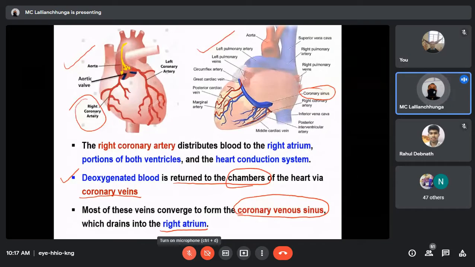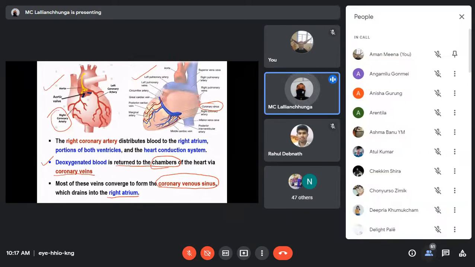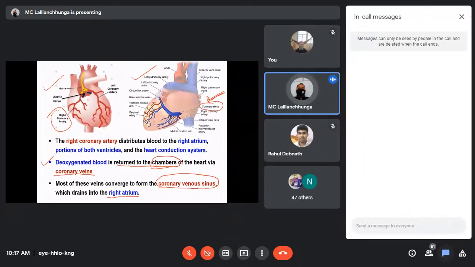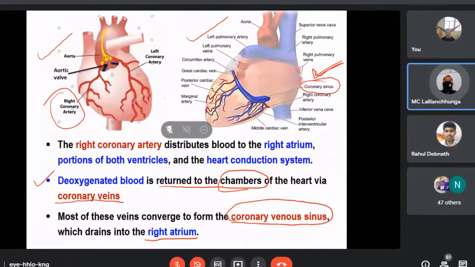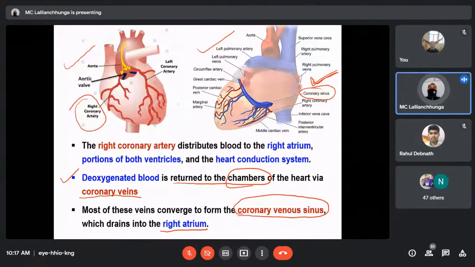A number of venules form the small veins, and small veins converge and form larger veins. Ultimately, in the coronary circulation, the largest vein drained into the right atrium is known as the coronary sinus. So deoxygenated blood will be drained into the right atrium, and then it will again become part of the blood to be circulated through the systemic or pulmonary circulation.